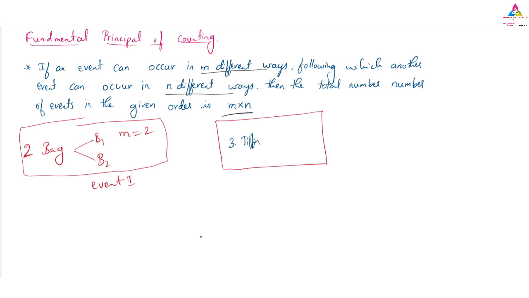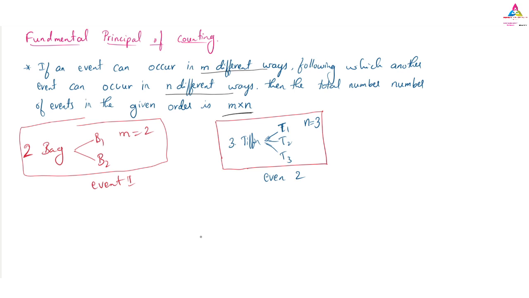We have 3 tiffin boxes, T1, T2 and T3, and for each time we can use only one tiffin box. So there are 3 chances. Here the n value is 3, because there are 3 tiffin boxes and we can choose any one: T1, T2, or T3. This is our event number 2.